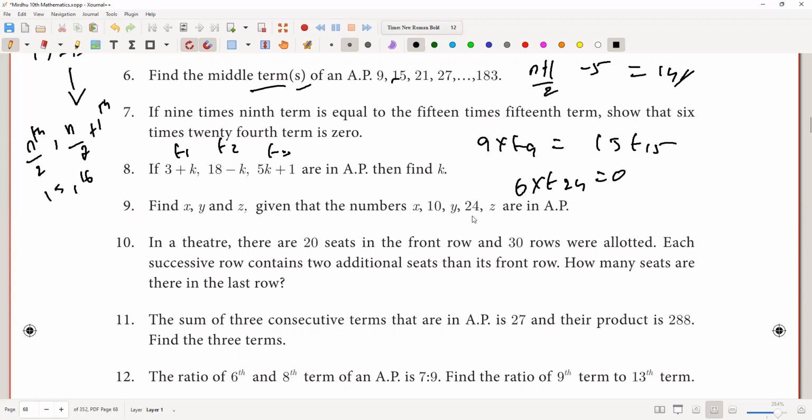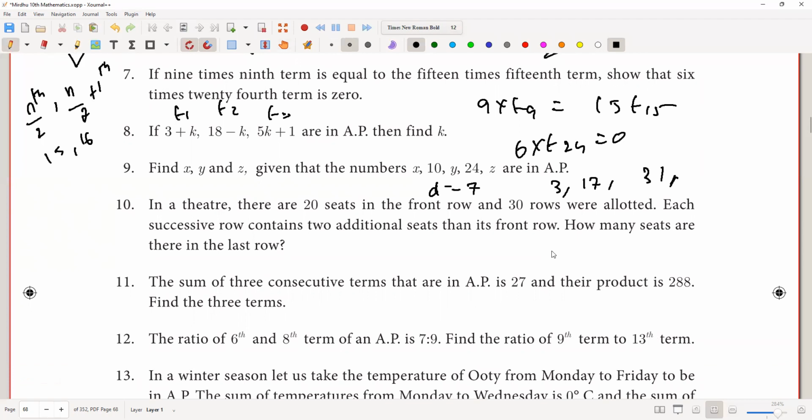So 24 minus 10 is 14, so D is 7. So I found out D equal to 7. So 10 minus 7, 3. X equal to 3. Y is 10 plus 7, 17. Z is 24 plus 7, 31.